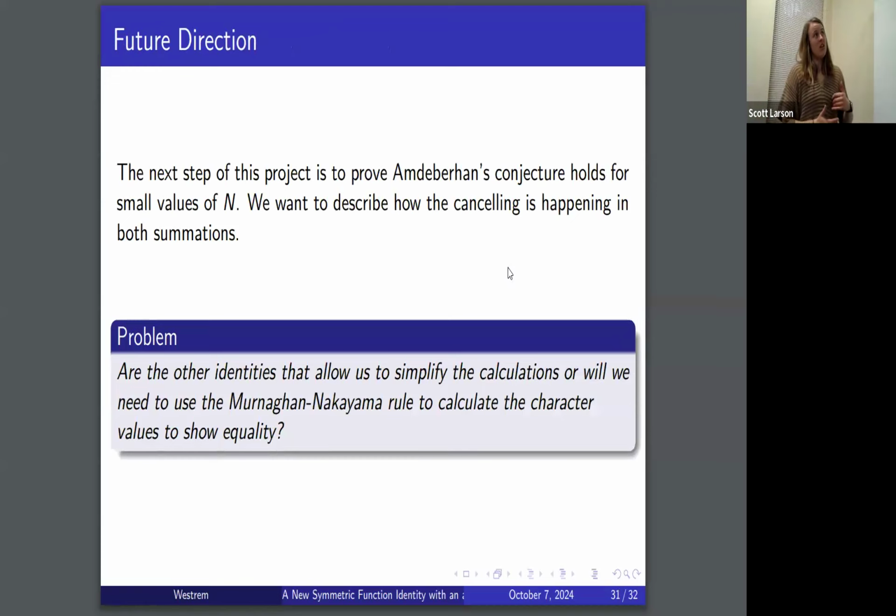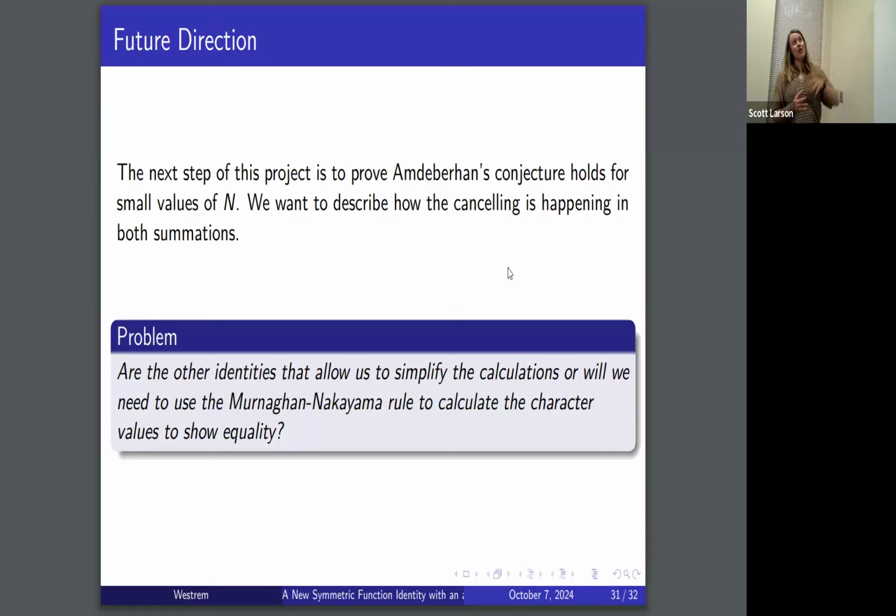But looking at the future direction, it is proving essentially the conjecture, but even small examples, even the capital N equals 1 case, is a lot in terms of the inner products, as you saw with those inverse Kostka numbers, the Littlewood-Richardson coefficient coming into play. There's a lot of things that pop out when looking at it in terms of the inner product of Schur functions there.